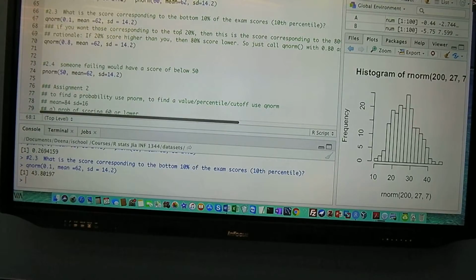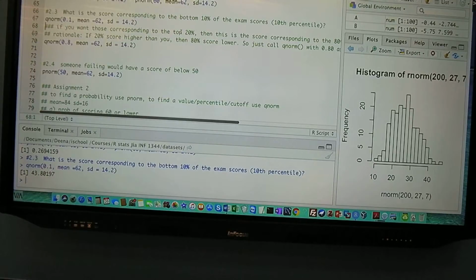It always gives me the bottom. So I'm asking about the top 20%, but I know that my commands can only give me the bottom 80%, because 80 plus 20 is 100%. Okay? I cannot get top 20%. How do I do it?